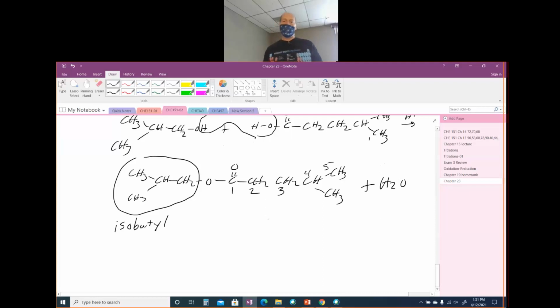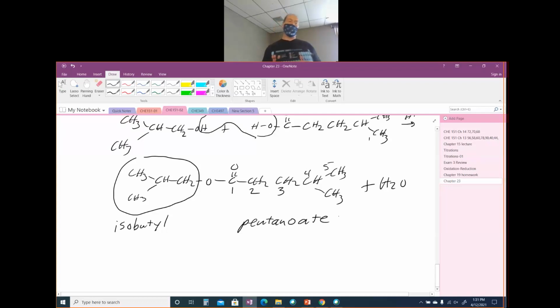And so you have a pentane, but it is a pentanoic acid, but we are deprotonating it, and so our ic acid is gone, and that is then an ate, and so this is a pentanoate.